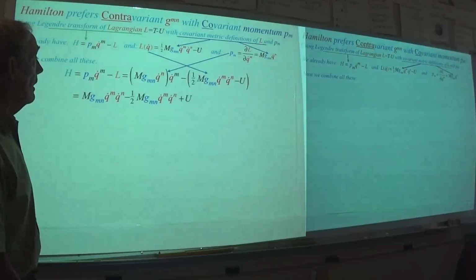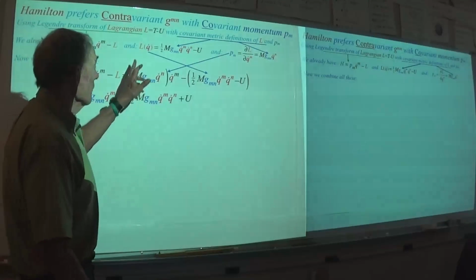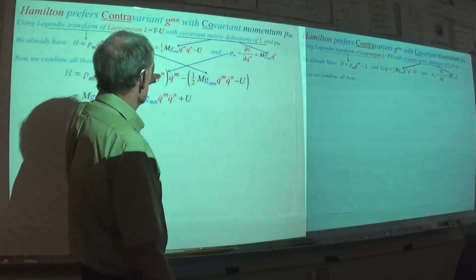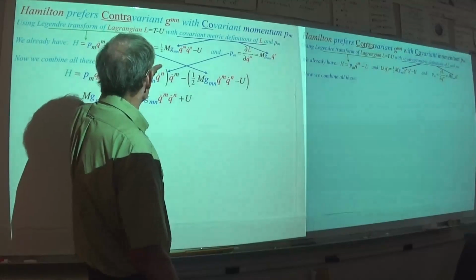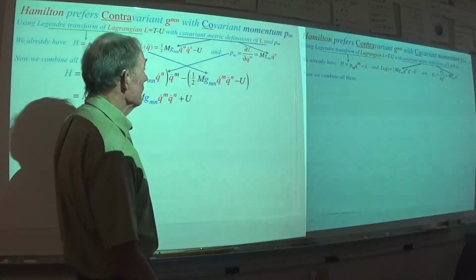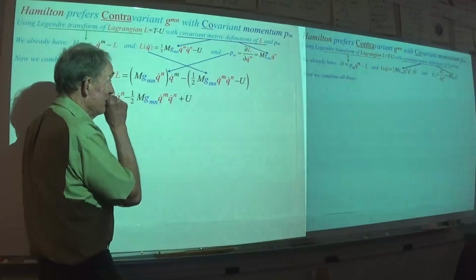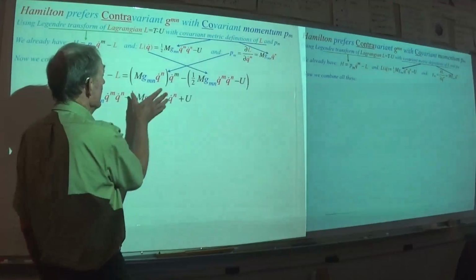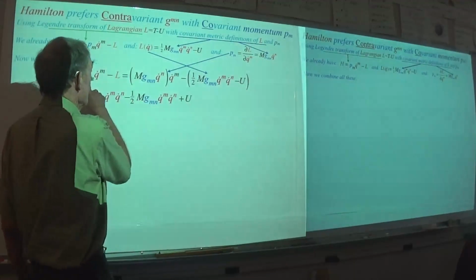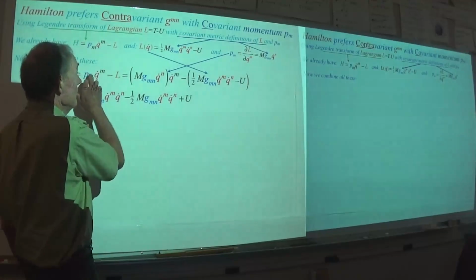Okay. So I'm replacing the Lagrangian, and I'm pointing out it is a function of velocity. It's also a function of coordinates, but I'm emphasizing its dependency that differs from that of the Hamiltonian. And so here sits L, and here sits, well, we've dressed this one up. We've shown what P really is.